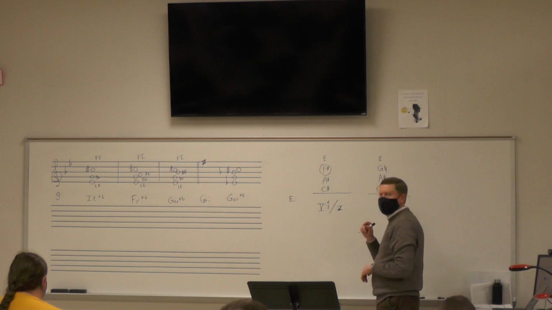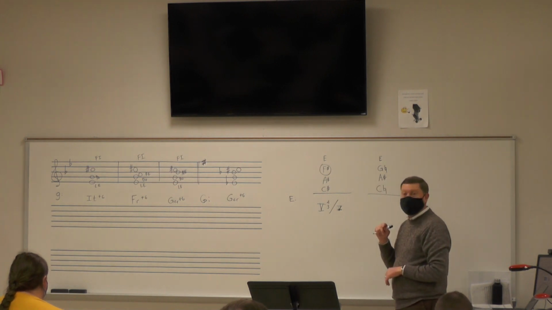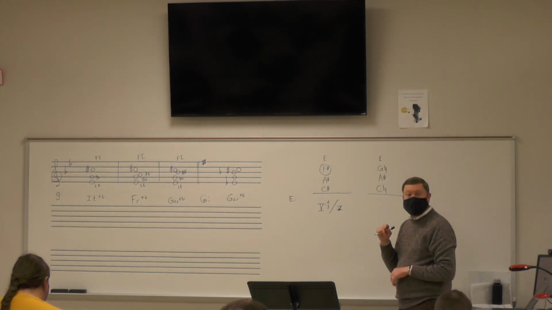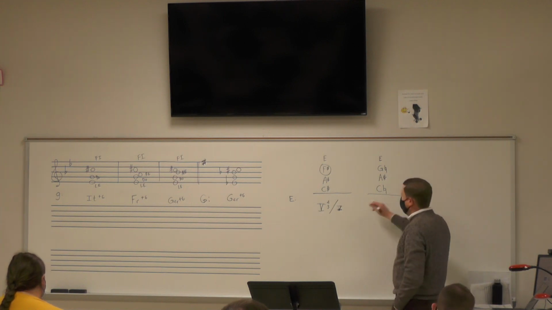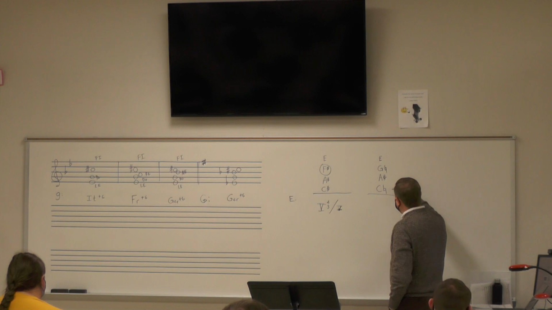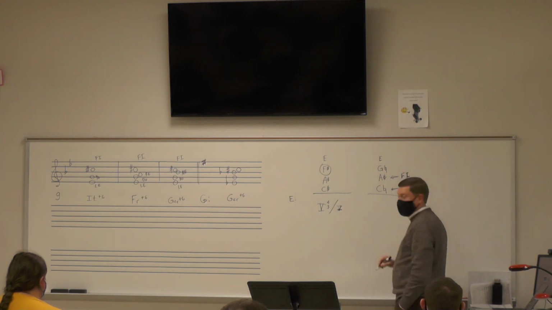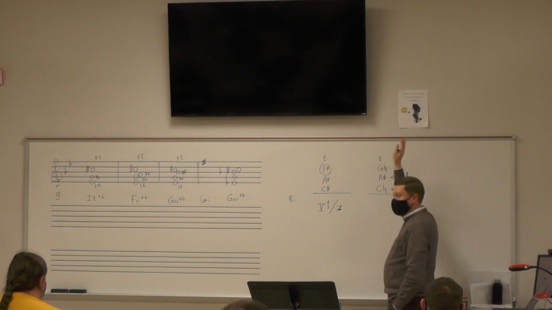Let's see if it fits the bill for one of these augmented 6 chords. Specifically the German, right? The German is the one that takes 3 accidentals in a major key. Well, in the key of E major, this is the lowered 6th scale degree, so that is le. This is the raised 4th scale degree, so that is fi. Does fi always have to be the highest note?